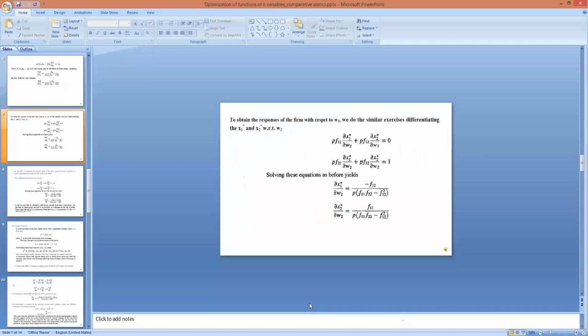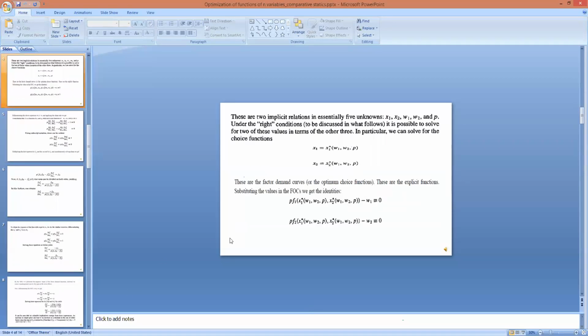So if it is fine to all of you, we can move to the second exercise. We are doing the same thing. We are considering the first order conditions at optimum. That is, we have these two equations, which are very important to derive all comparative statics. That is the first order conditions at its optimum. So we have the starting point. Now we will take the derivative with respect to W2. In the first first order condition, we will get two terms: one from x1 star, another from x2 star, and then there is 0.